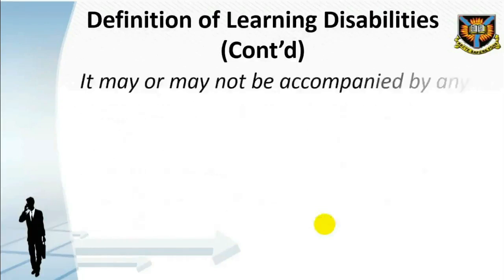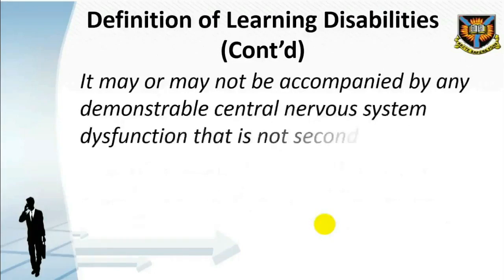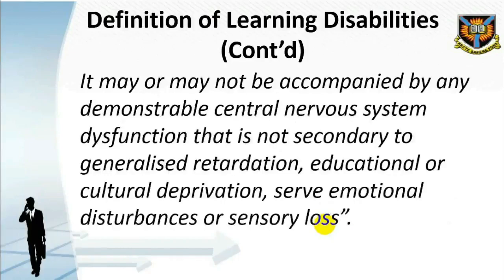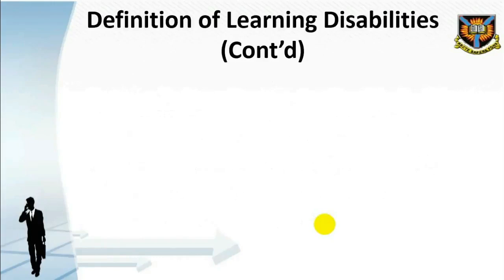It may or may not be accompanied by any demonstrable central nervous system dysfunction that is not secondary to generalized retardation, educational or cultural deprivation, observed emotional disturbance, or sensory loss. Bateman's description clearly suggests that there is the presence of a disorder which brings about a disparity in the performance of children with learning disabilities and other normal children.